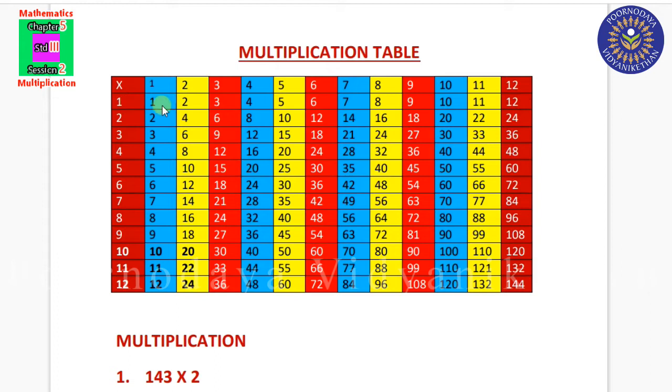Listen here. 1, 12 is 12; 2, 12s are 24; 3, 12s are 36; 4, 12s are 48; 5, 12s are 60; 6, 12s are 72; 7, 12s are 84; 8, 12s are 96; 9, 12s are 108; 10, 12s are 120.